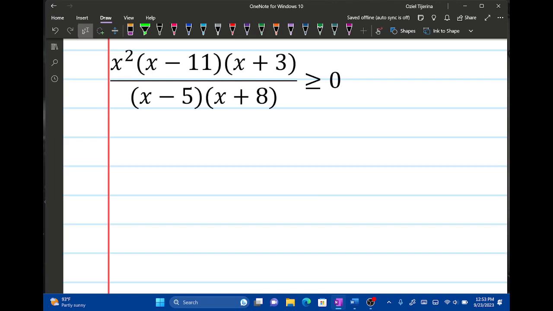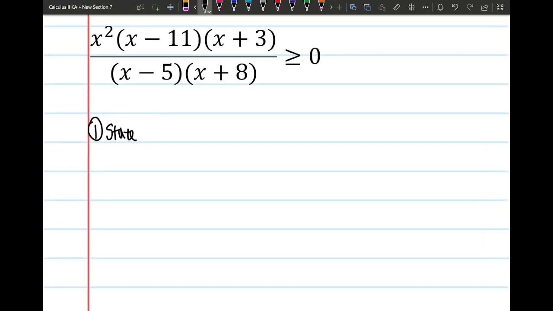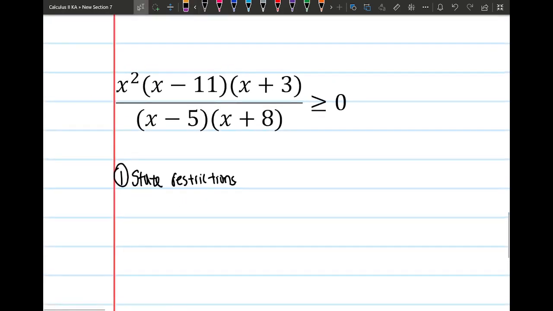So, number one, we want to state the restrictions, and what I mean by that is that we want to know where this cannot be defined.